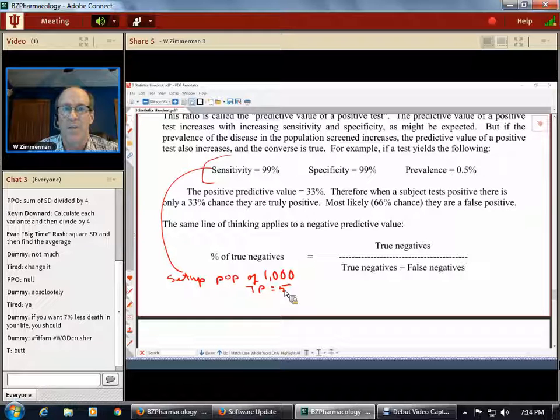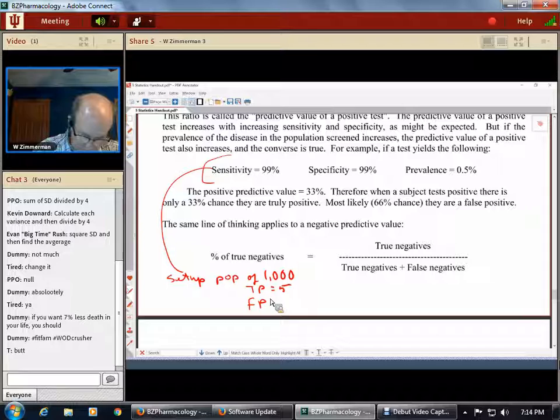Prevalence is 0.5%. This test picks it up 99% of the time. I'm assuming you're getting that. Most likely you're going to get everybody with a sensitivity that high. But notice your number of false positives. Specificity is only 99%, and that means 1 out of 100 you say are sick and they're not.